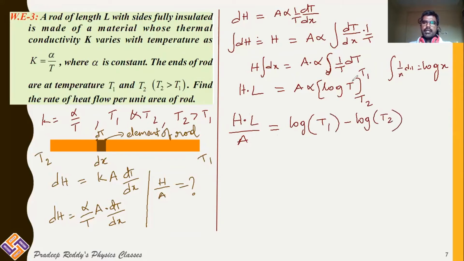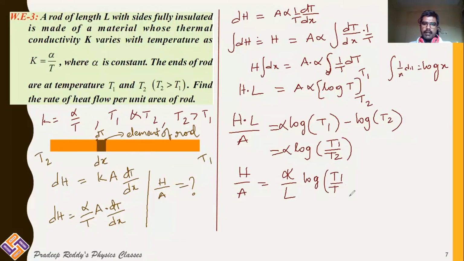Upper limit first I am substituting in place of T, that is T1, and lower limit in place of T2. Log A minus log B is log of A by B, so it is log of T1 divided by T2, which is equal to HL divided by A. You are supposed to find H by A, which is 1 divided by L. Of course, here you have A into alpha. A is coming here, alpha is left over, and this is alpha divided by L into log of T1 divided by T2. This is the final expression, which is the rate of heat flow.